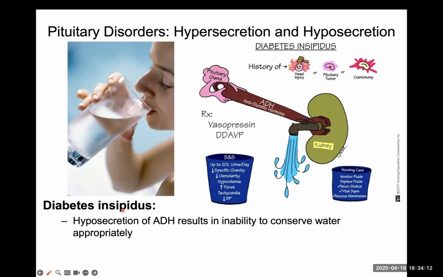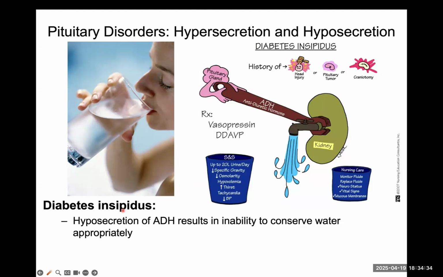So what is diabetes insipidus? Let's say you have cancer in your brain and your brain is not making enough ADH, and your pituitary gland is secreting too little. That's hyposecretion; hypo means less, so you're not secreting enough ADH.